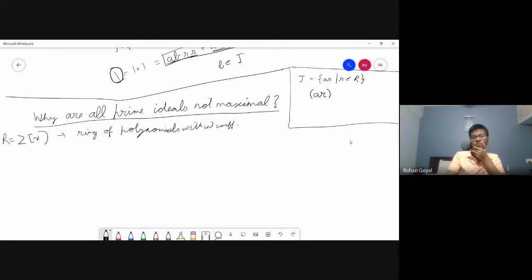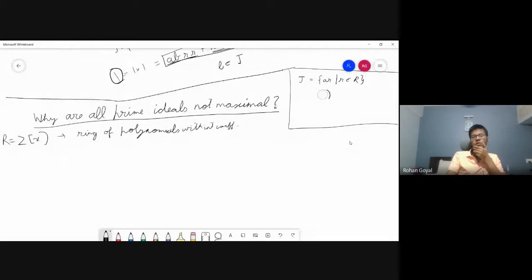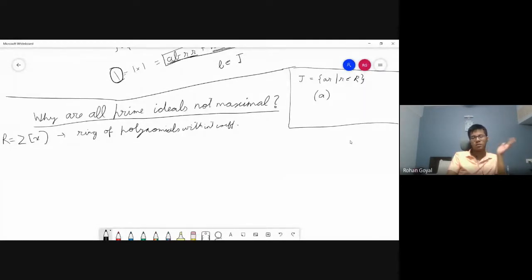Sorry, not aR, just a. You could simply write J equal (a), and it's understood what it is. Ideals of this form are called principal ideals. So you could consider anything of the form x squared plus 1, let's say.